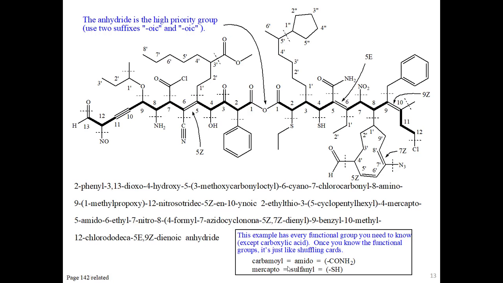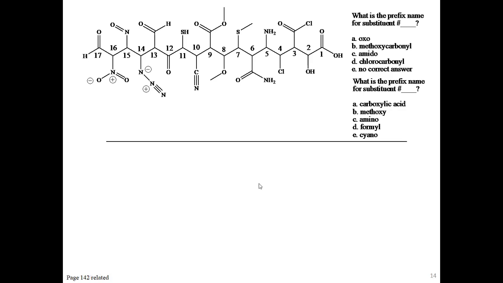Okay, so again, here's the groups with a couple different names that you can take a look at. Okay, so this last example, I just wanted to throw in all these complicated prefix groups. So I just threw something on every single carbon just to give you, again, an example to look at. Okay, first off, highest priority group. So when I look down the line, I got a lot of functionality. But the highest priority group is the acid down here.